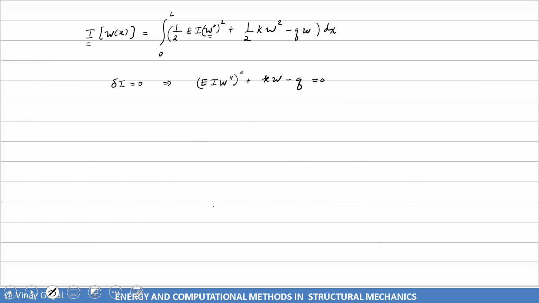So you remember, the boundary conditions were w at 0 is 0, w prime at 0 is 0, and then EI w double prime is 0 at L. So let's not forget that. This is horrible. I apologize.